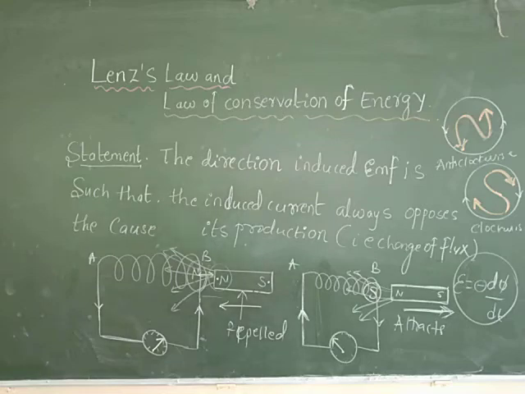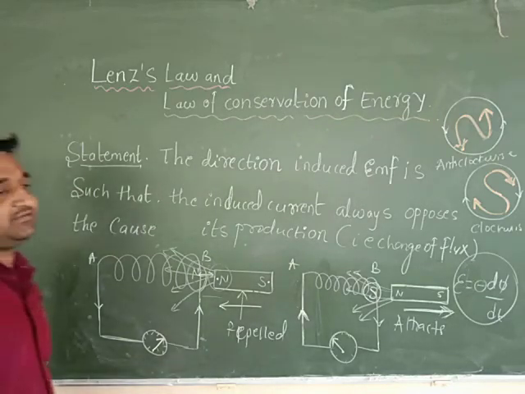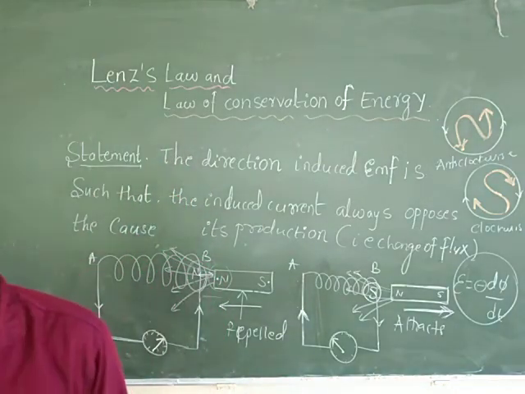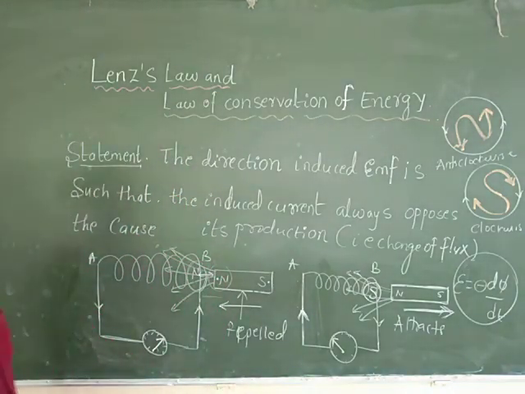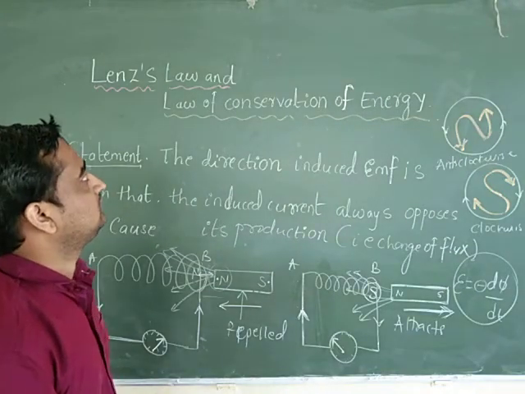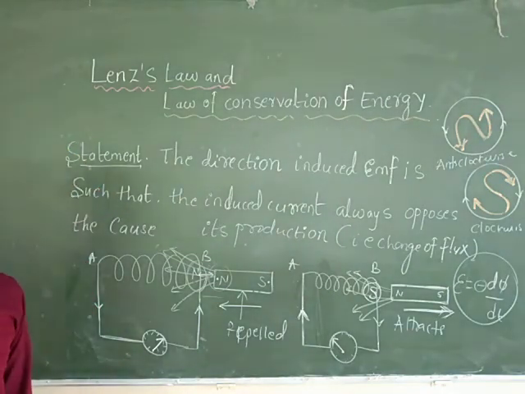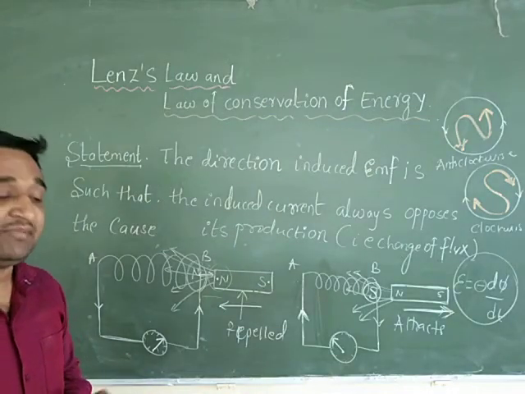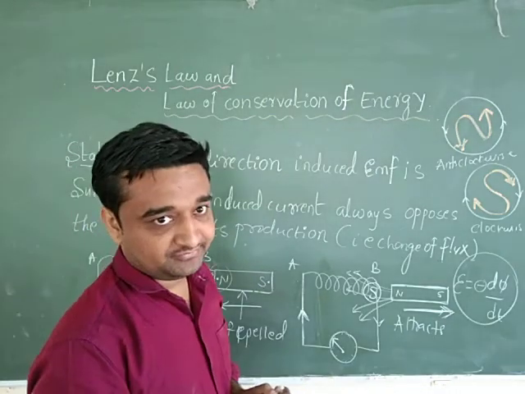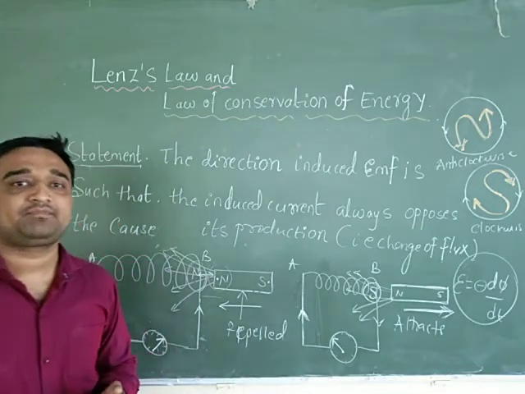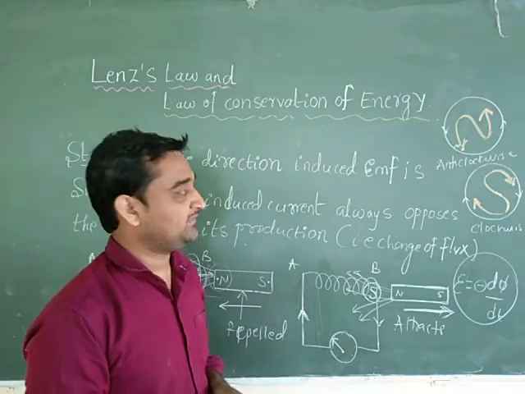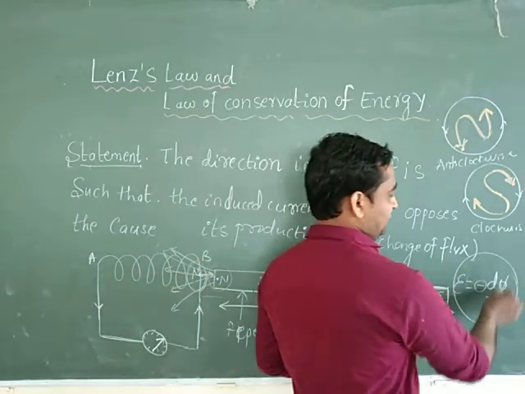So in this way you have to understand the two important laws here. One is the Faraday's law of electromagnetic induction, and another one is what? The Lenz's law, that will give the direction of the induced current. So first one, the magnitude of the induced EMF that can be determined by using the Faraday's law of electromagnetic induction, that is E is equal to d phi by dt.